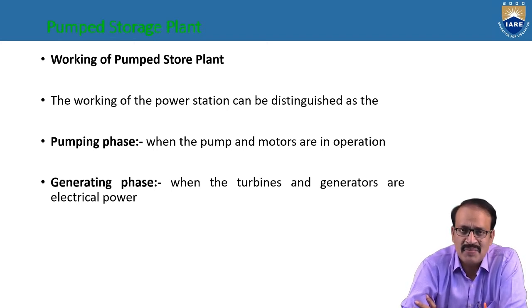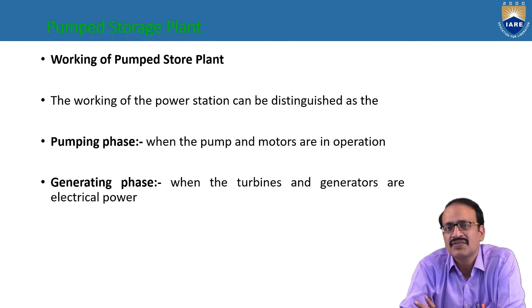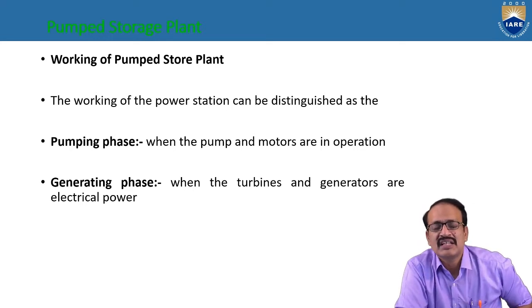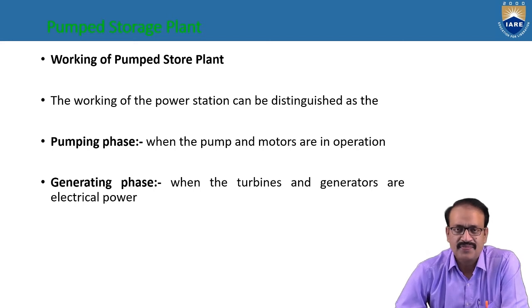So the turbine is in the operating mode, and this turbine is coupled to the generator. The generator is going to generate the power. So that's why we are calling this the generating phase.